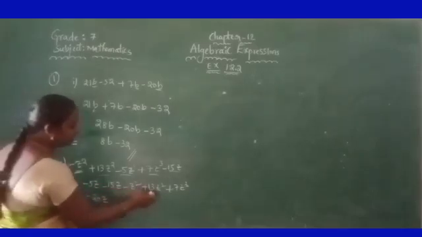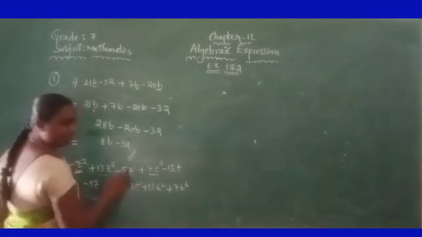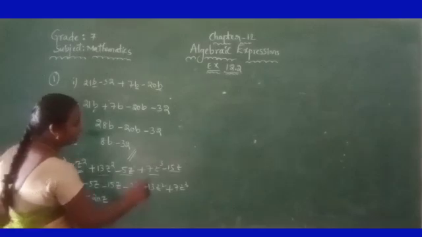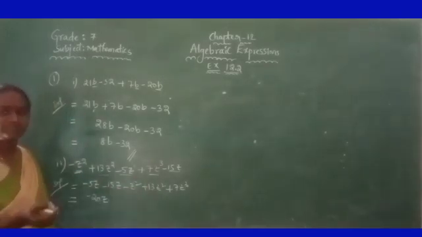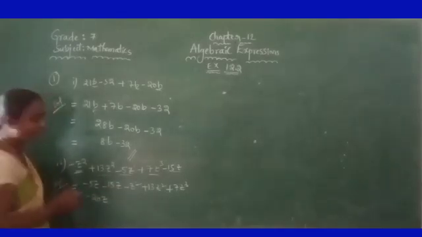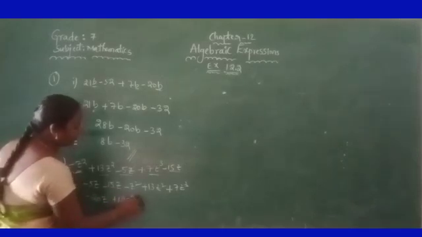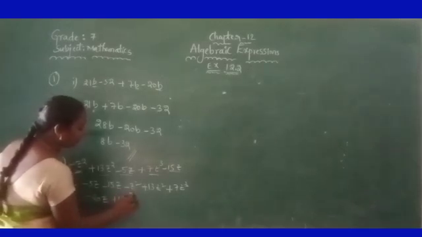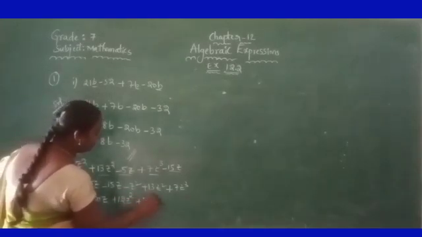Next, z square is how many? That is minus 1z square plus 13. Which is more? Plus 13 is more. From plus 13, subtract 1 z square, so you get plus 12z square. Then 7z cube.